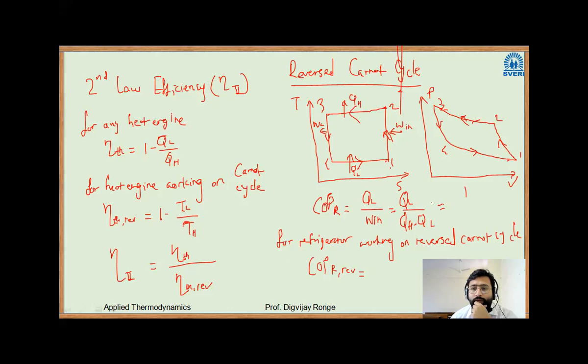I will divide the numerator and denominator by QL, so this will become QH by QL minus 1. For a refrigerator working on the reverse Carnot cycle, we have the added advantage that QH divided by QL will be equal to TH divided by TL. So this can also be written as 1 divided by TH divided by TL minus 1, or I can write this as TL divided by TH minus TL.